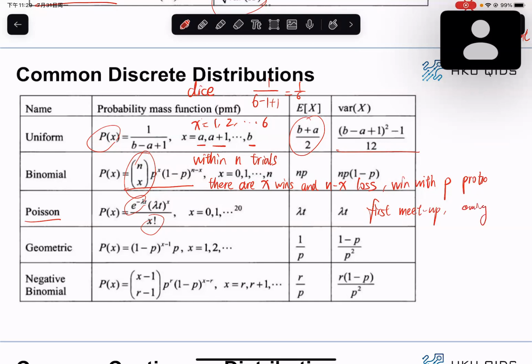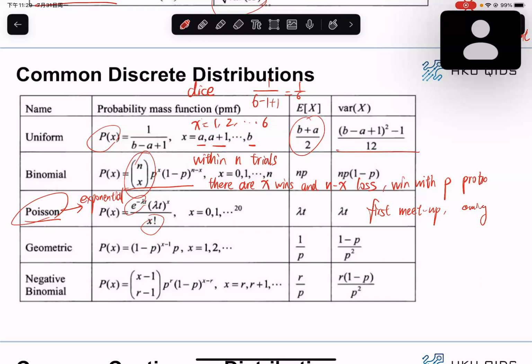For example, the life length of a light bulb, or how long I should wait for the next taxi. All these first-meet problems, or queuing problems, are related with Poisson. And Poisson is also strongly related with the exponential distribution.